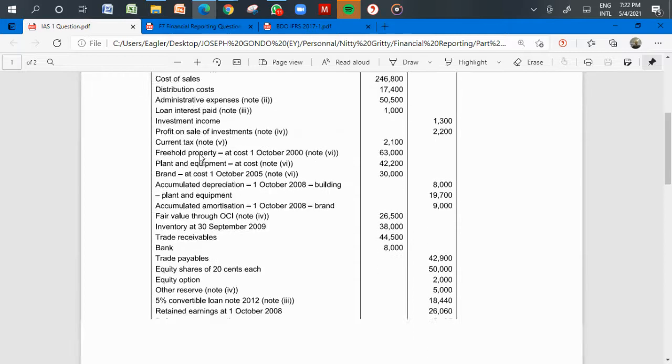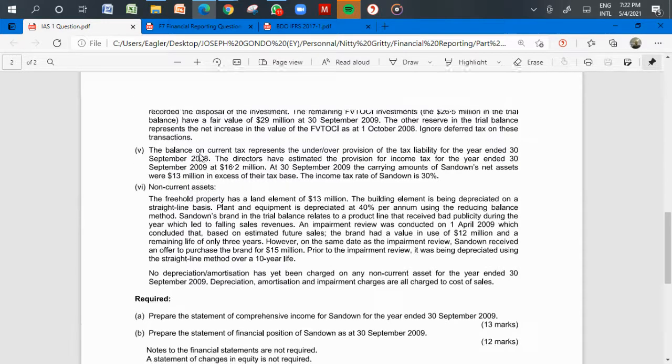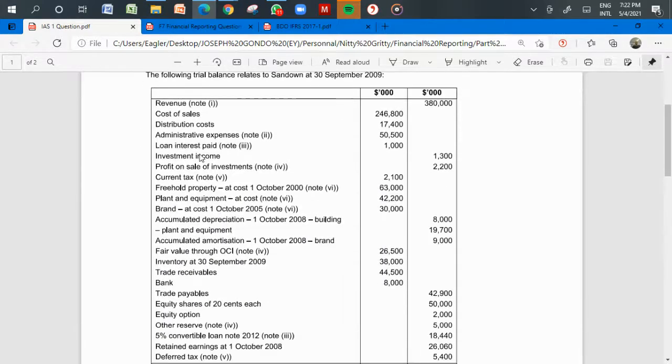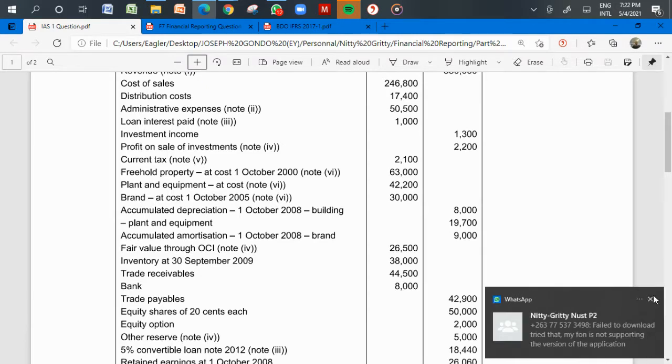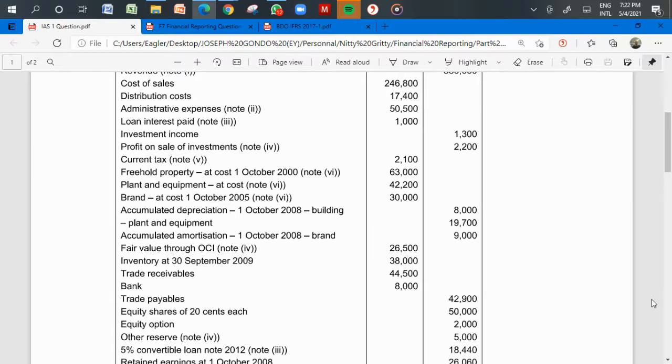Okay, so the note about the impairment of brand is what? We have a brand in our trial balance. Yes, we have a brand. The brand cost, on 1 October 2005, 8,000.